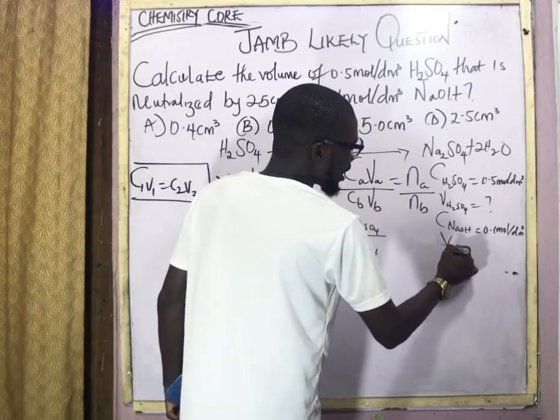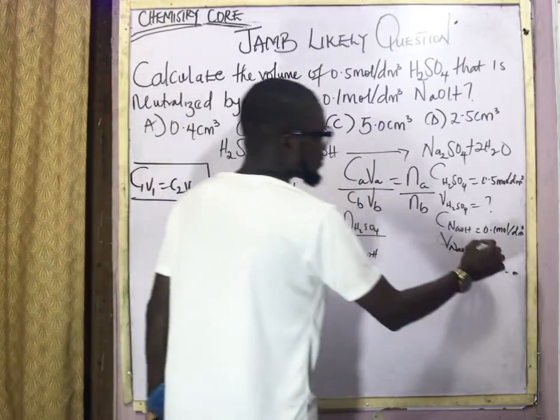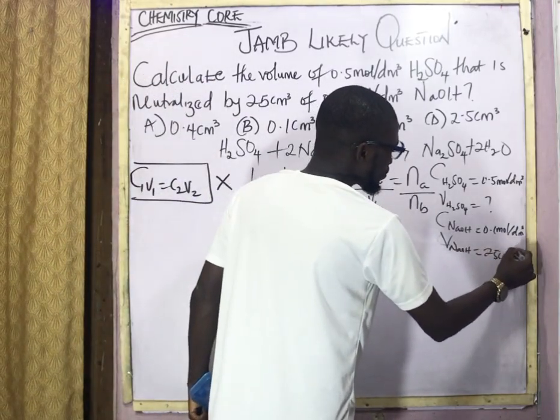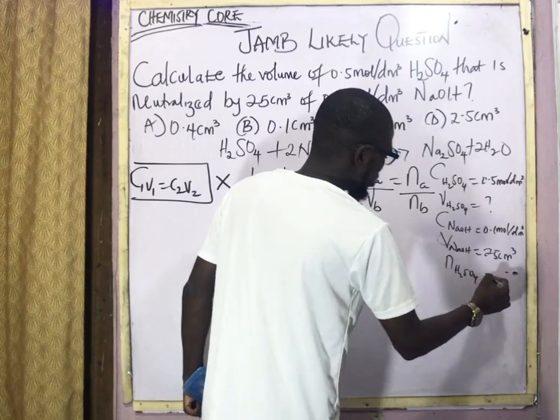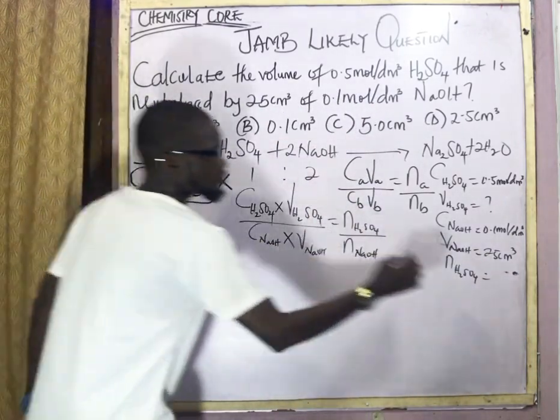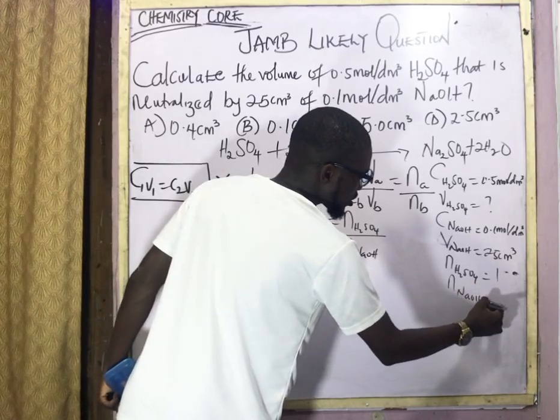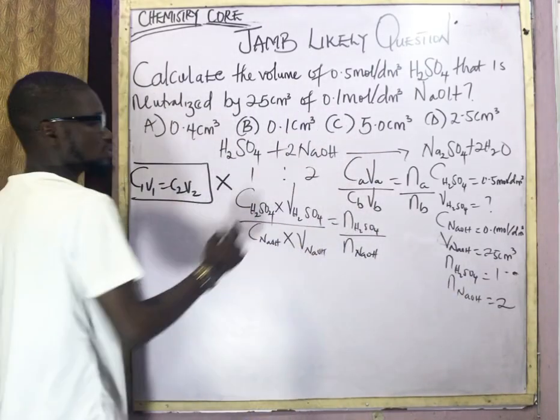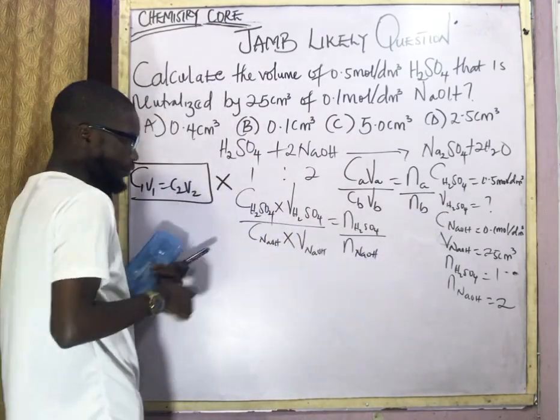And our VNaOH we have 25 cm cube. So the number of mole of H2SO4 we have 1. The number of mole of the base we have 2. So guys, we are to make this the subject of formula.